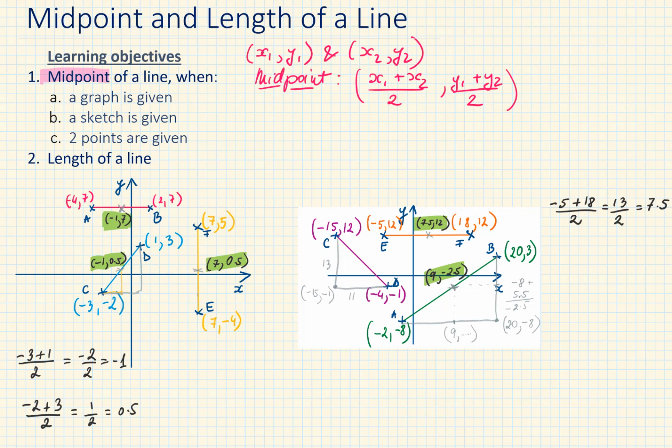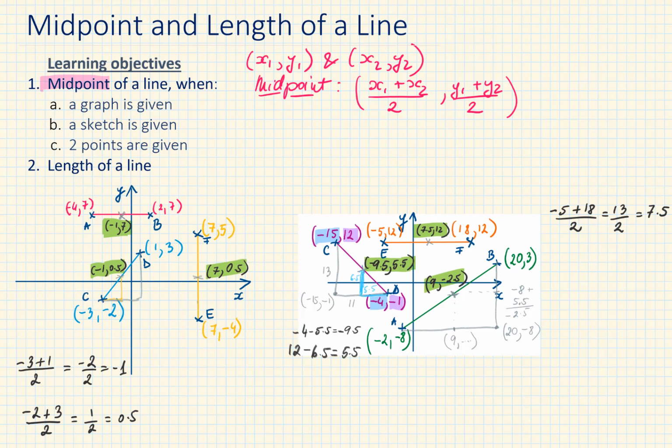Halving the 13 steps, that is 6.5. Halving the 11 is 5.5, which takes us to the midpoint of CD. Minus 4 minus 5.5 is equal to minus 9.5, that is our x-axis. If we start at 12, going downwards, we have 12 minus 6.5, which is 5.5.